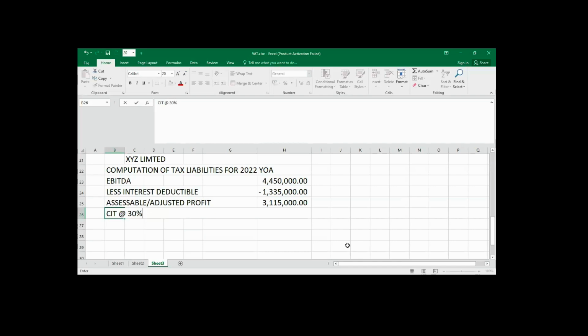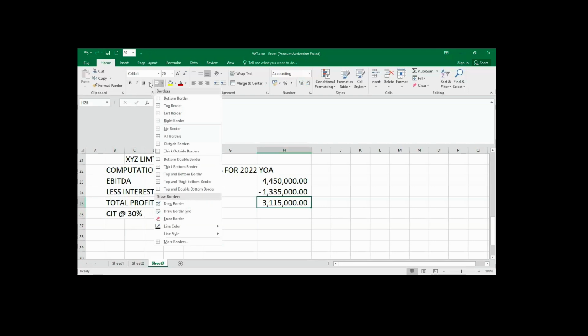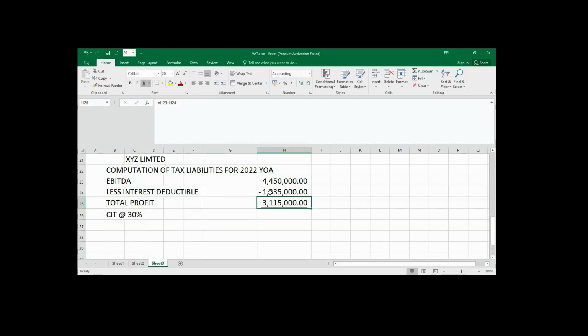But if there are none of those items, your assessable profit will also be your total profit. So total CIT will now be 30% of this value, 3,115,000. So 30% of this 3,115 will give us 934,500.